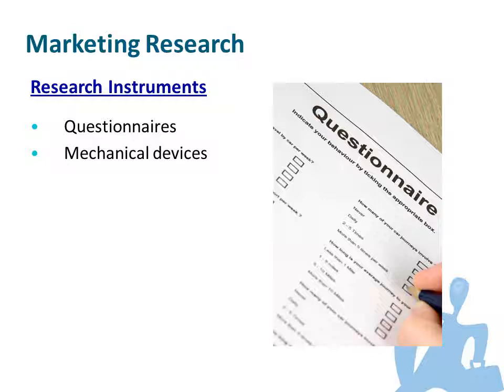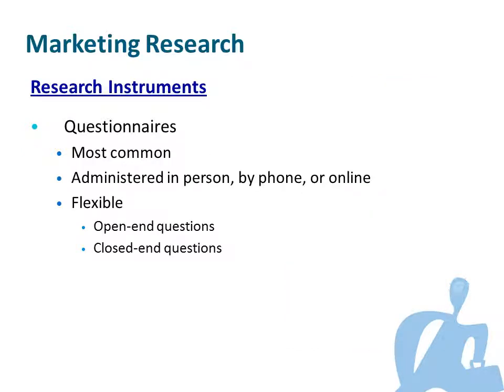In marketing research, we have two types of research instruments: questionnaires and mechanical devices. The first type is the questionnaire. The questionnaire is by far the most common instrument.